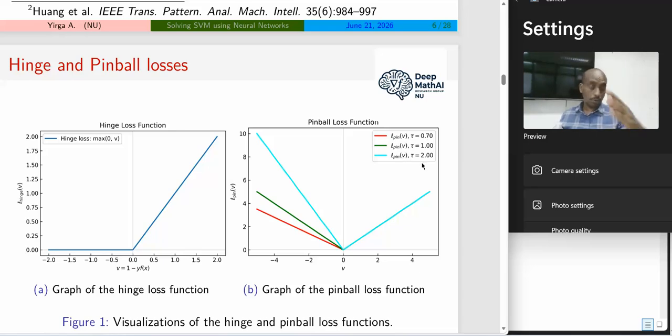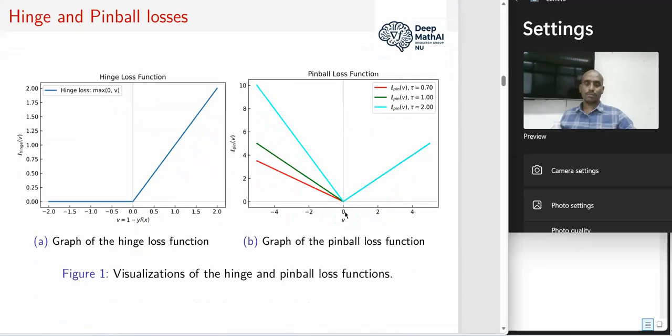This is the slope of the loss function. Even though the stability is assured by the pinball loss, it faces the sparsity issue because every sample point is penalized.